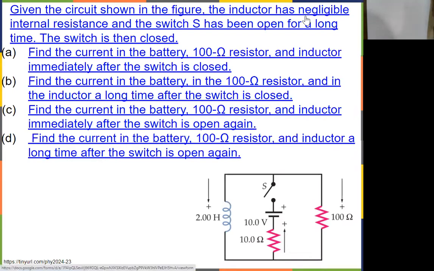You guys can think about how you can solve for this one. I'm going to draw the circuit on the paper here.